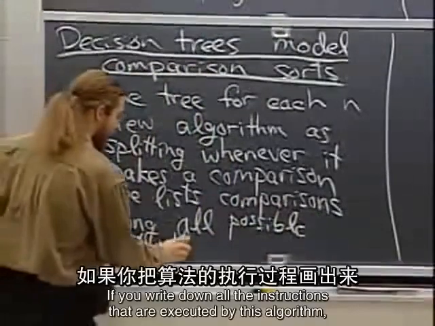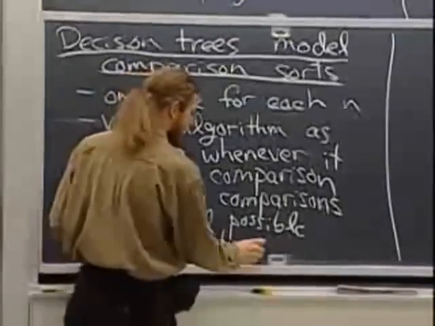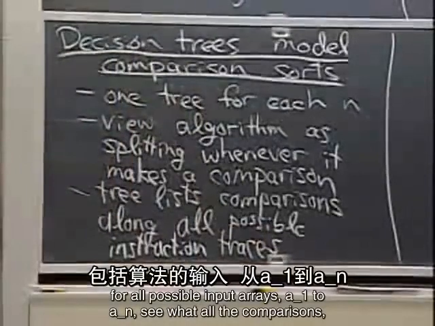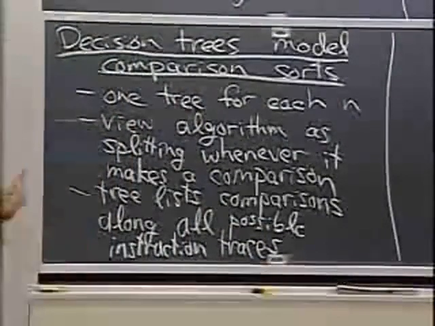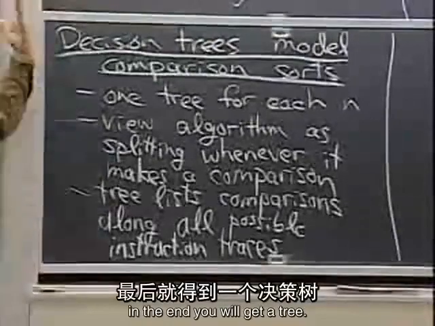So you write down all the instructions that are executed by this algorithm for all possible input arrays, A1 to AN. See how all the comparisons could come out and what the algorithm does. In the end, you'll get a tree.